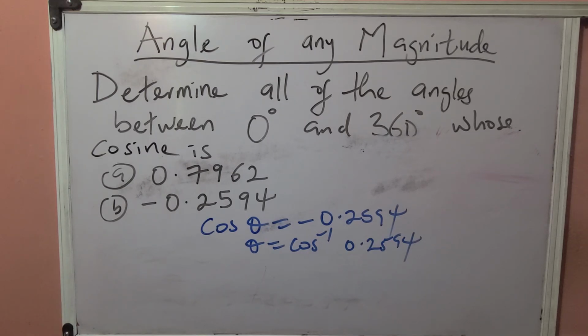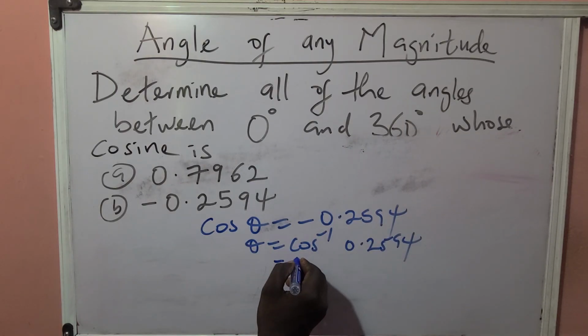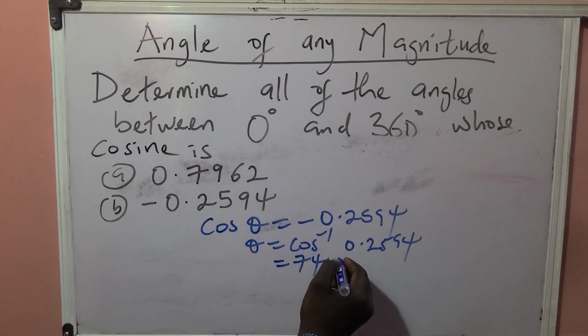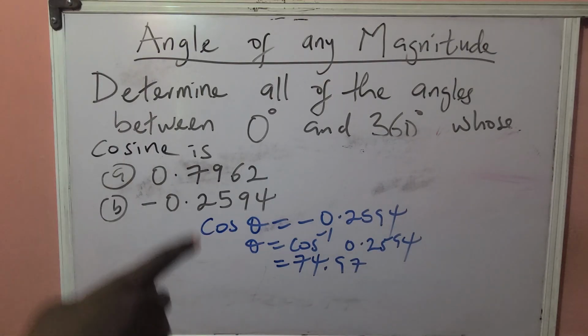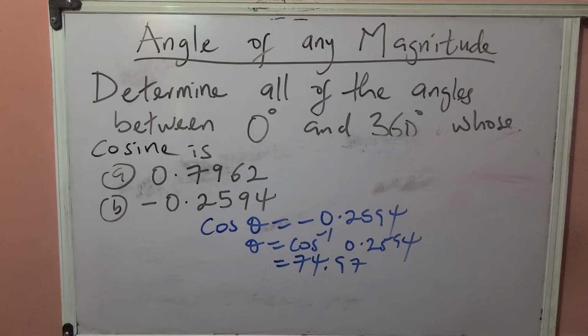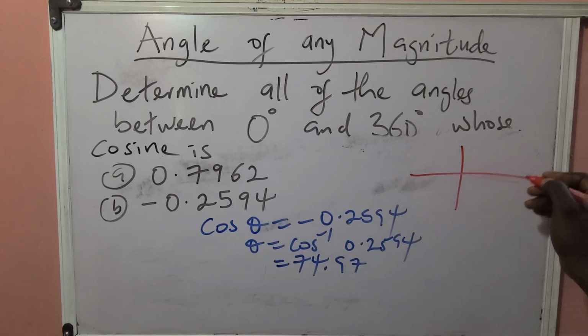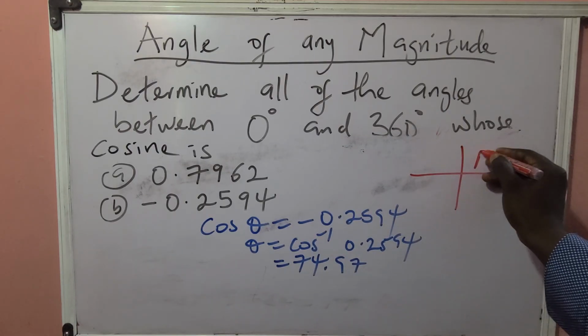And going on to find the arc cos of 0.2594, we're going to be having 74.97. So we don't necessarily have to have this as our answer. The determinant of our final answers, as I said before, is our quadrant. So we need to go on to check our quadrant to know where our values will be falling.